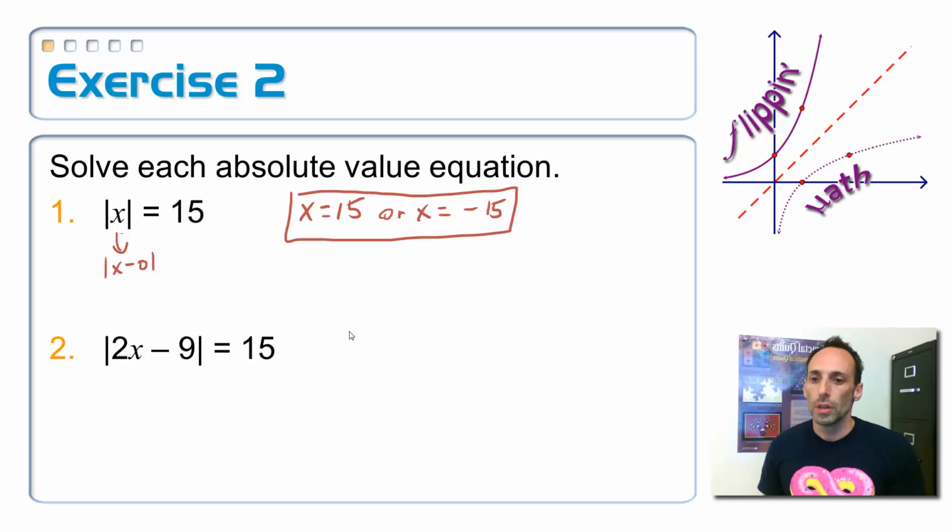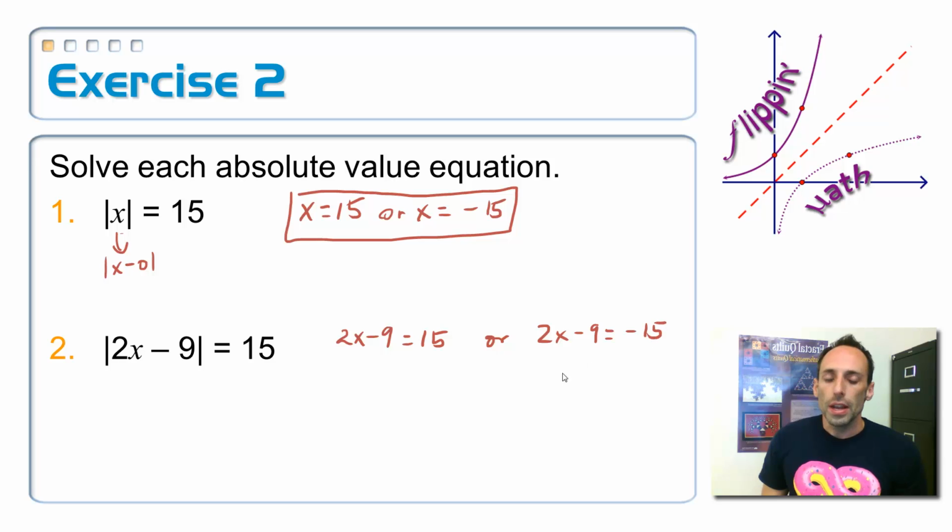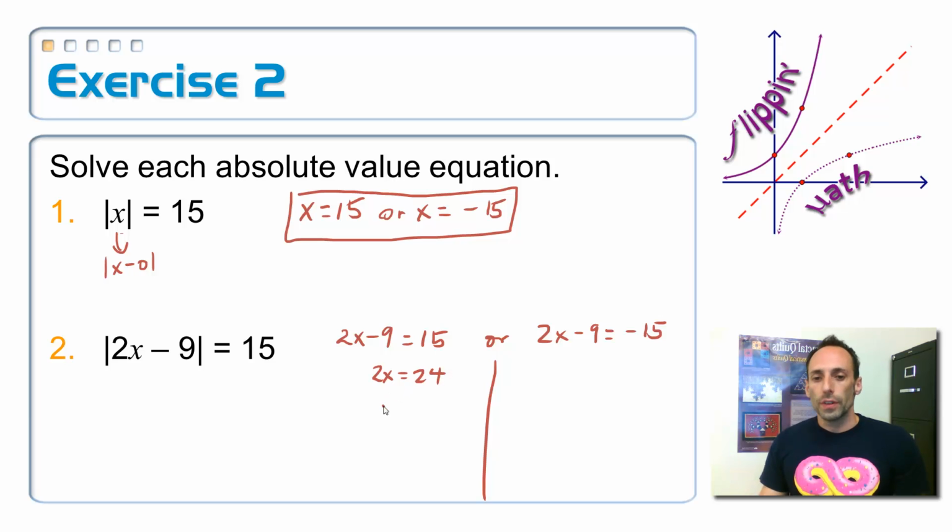I solve it like this: 2x minus 9 is equal to the positive 15, or 2x minus 9 is equal to the negative 15. Just draw a line here, separate it, and solve the two different equations. Let's add the 9 over to the other side, so I get 2x is equal to 24, and divide, so x is equal to 12.